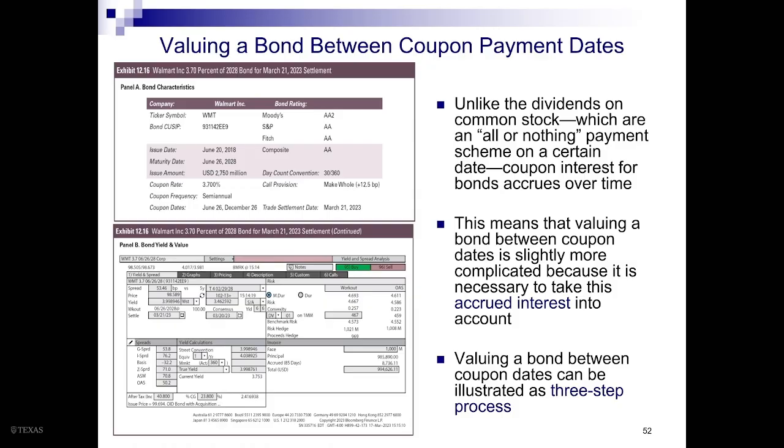This is a bond that pays semi-annual coupons every June and December on the 26th of each month. So we're buying this in between coupon dates. Let me replicate this timeline here.